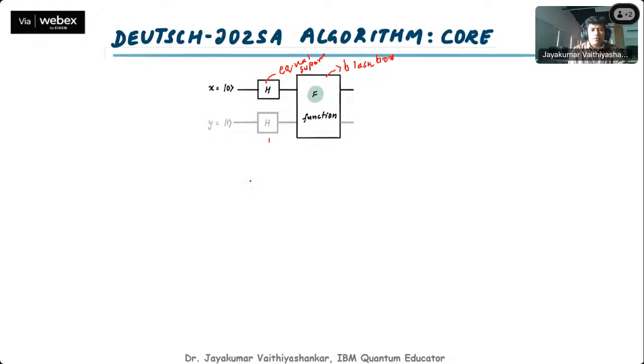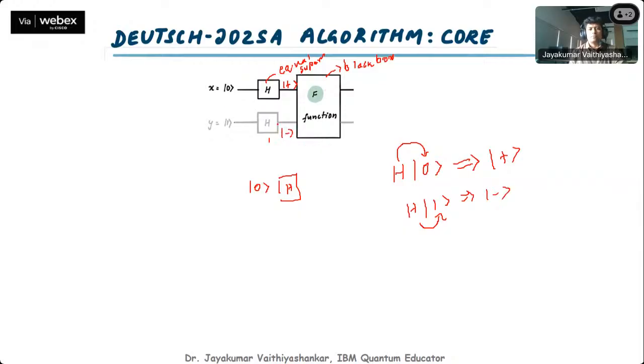From state 0, if you apply the Hadamard gate, you need to represent it mathematically this way, which will give the positive state. From state 1, if you apply Hadamard, it will yield the negative state. Are you able to observe? Because we have different initialization for the two different qubits.